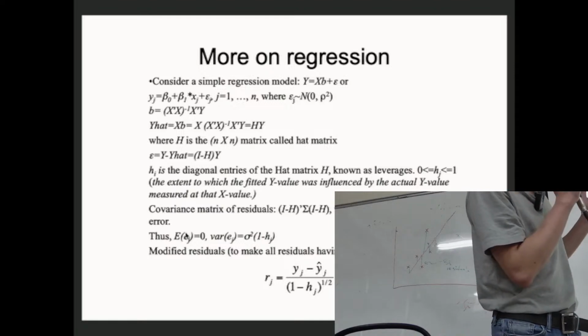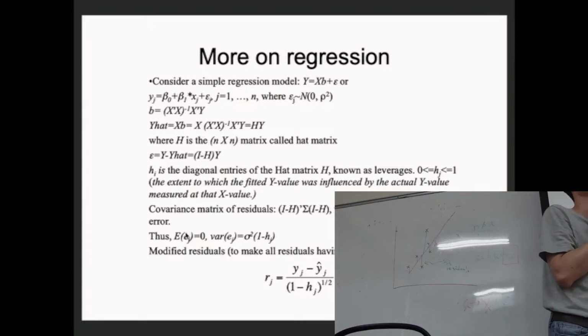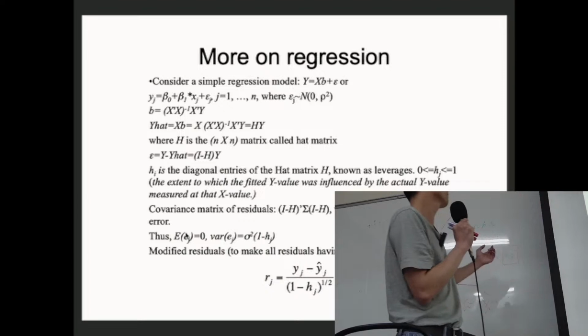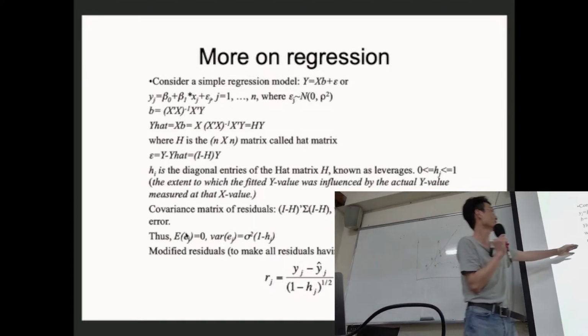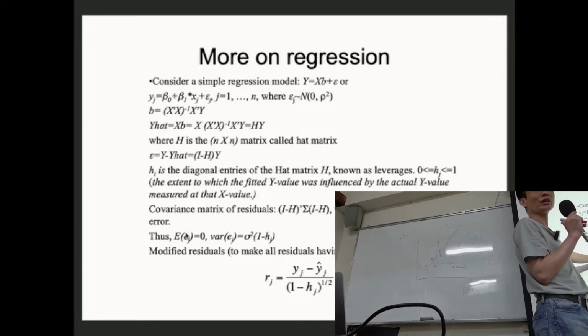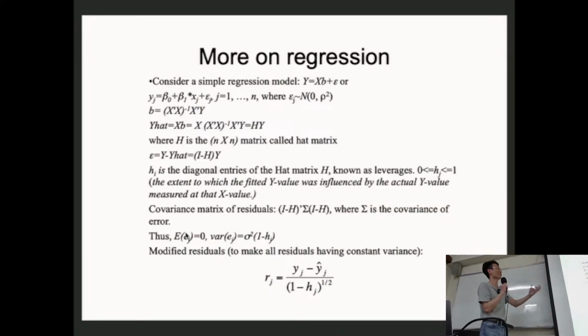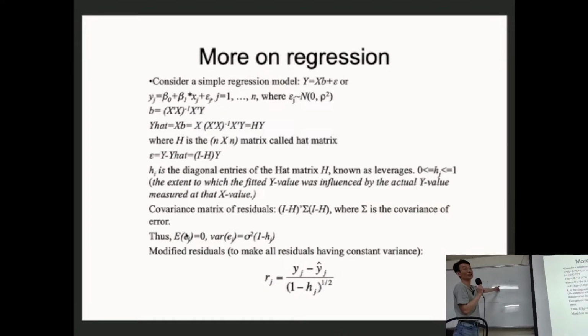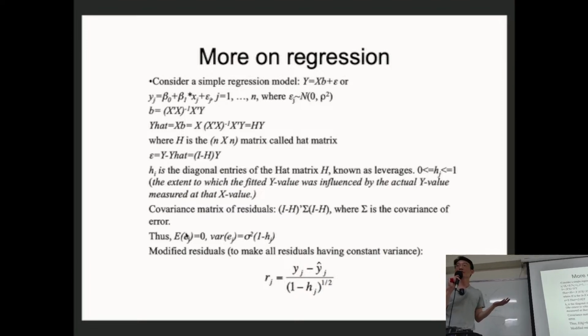So we need to standardize our epsilon_i in a way that after standardization, all the epsilon_i have equal leverage. Otherwise, some epsilon_i is going to be more influential than others, and the problem comes back again. This one is very influential and then tilts a lot. So that's a more conservative confidence interval calculation.